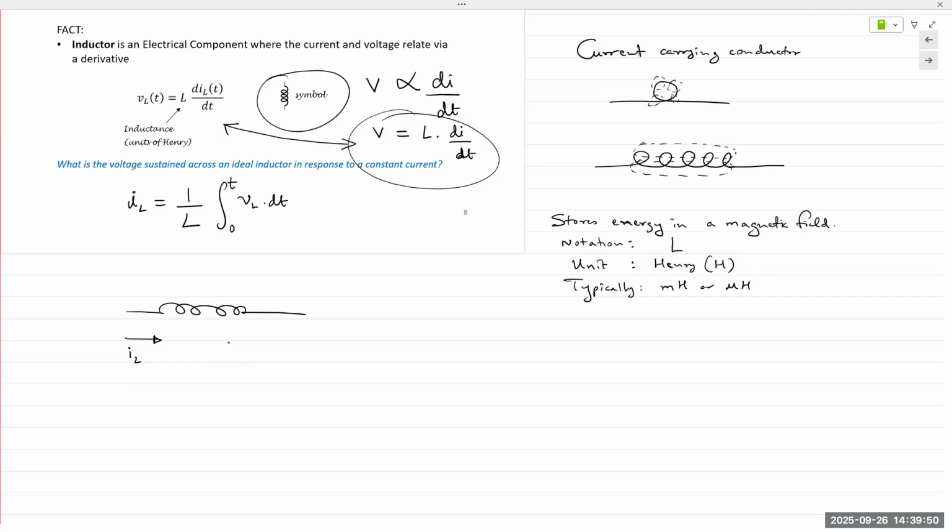If you have a high temperature region and a low temperature region, heat will go towards the low temperature region. Pressure, the same thing. High pressure regions will create conditions where it goes from high to low. Electrical energy, same way, goes from high to low. So if the current is flowing from left to right, this end is higher, this end is lower. So plus on the left, minus on the right.